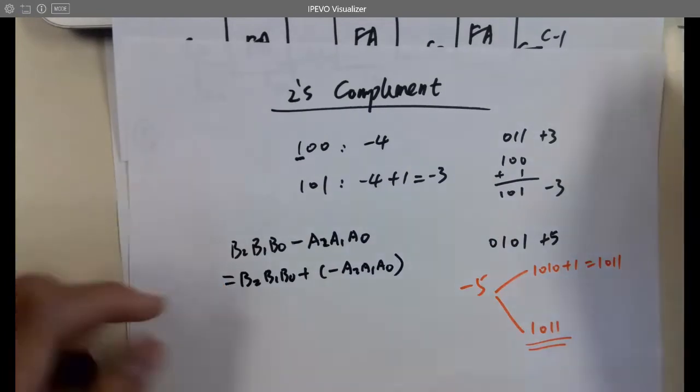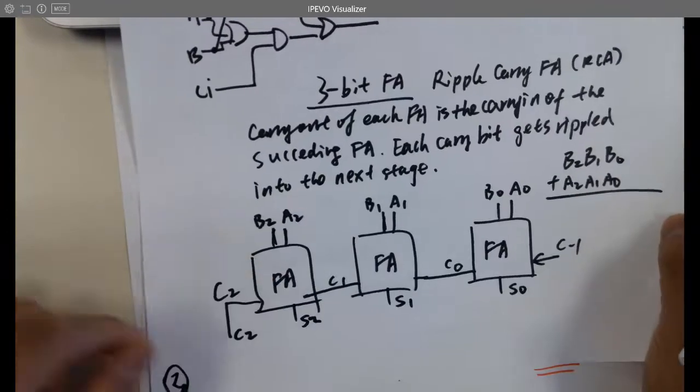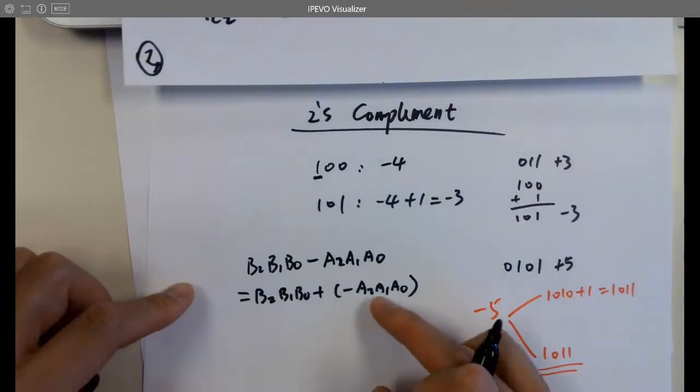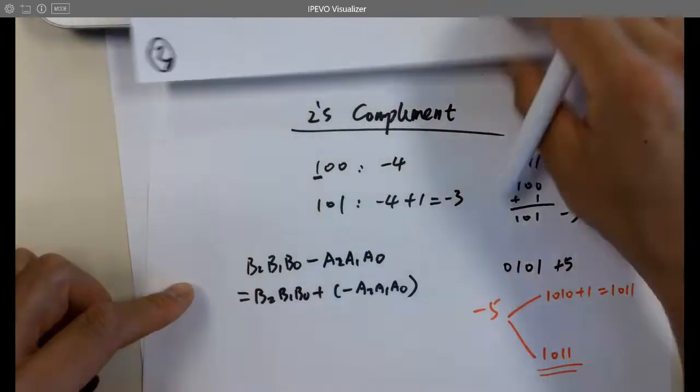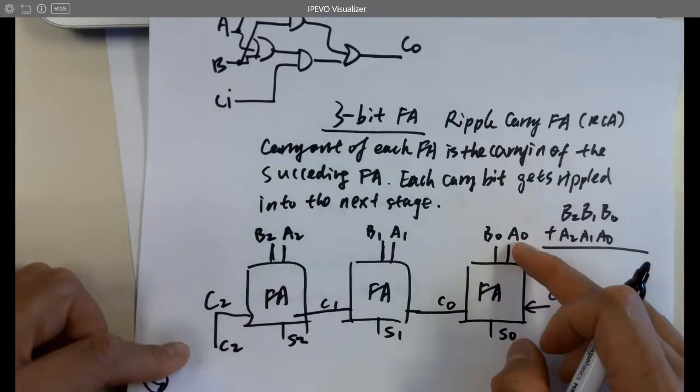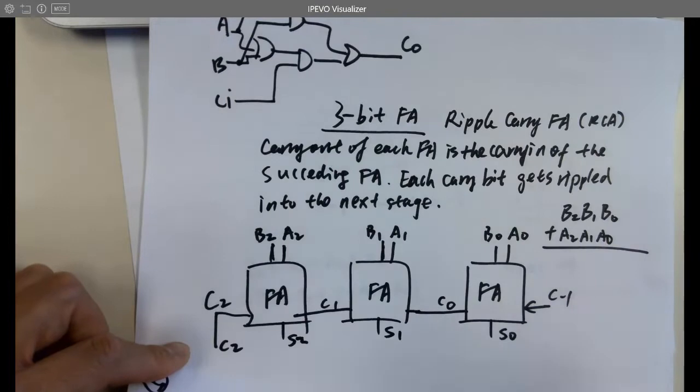Because there's no subtractor. Do we have a subtractor? No, we just learned a full adder. So negate it and then add it here. Convert these ones to their negative form. How to convert to negative form? Flip it, add 1 to it.